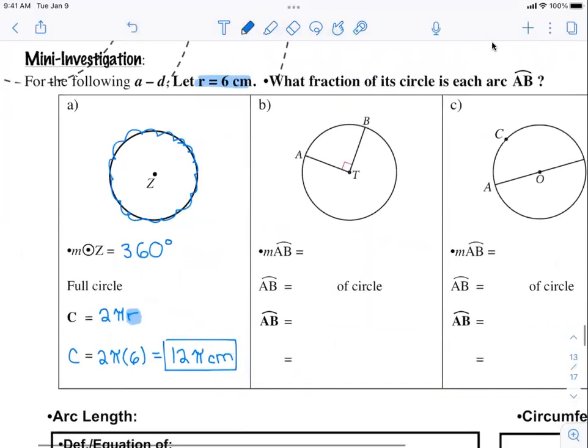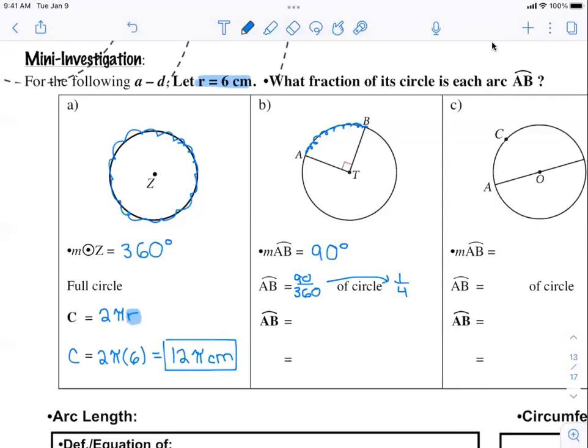Okay, the next one, part B, because we're just investigating here, says arc AB. So arc AB is talking about just this little portion right here. We want to know, first of all, what is the measure? It's equal to its central angle, so the measure is 90 degrees. But the length of it, well, we know that 90 degrees out of all the way around, 360, is really going to end up being 1/4 of a circle, because 90 out of 360 is 1/4.